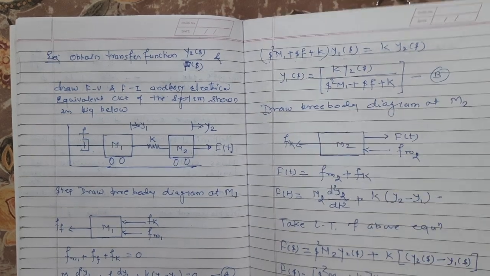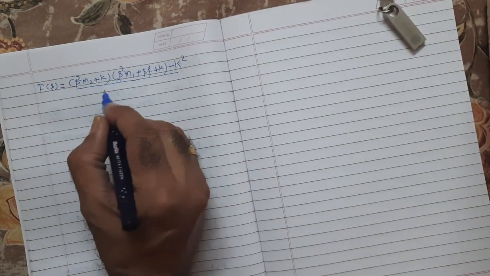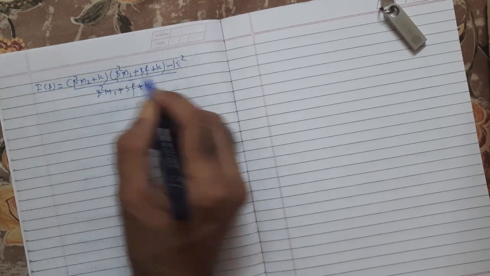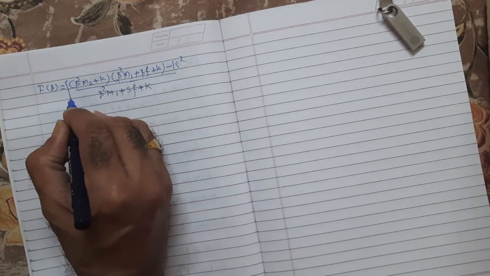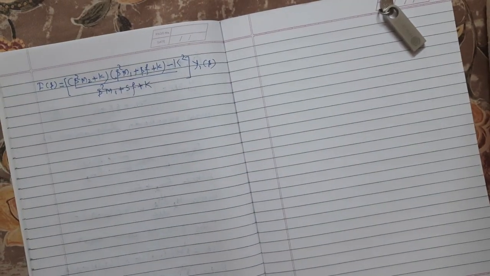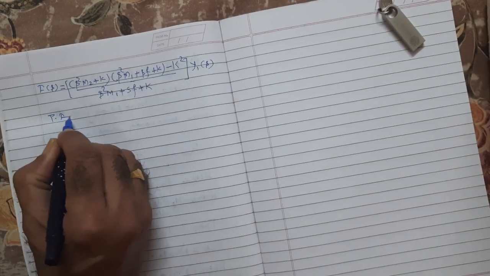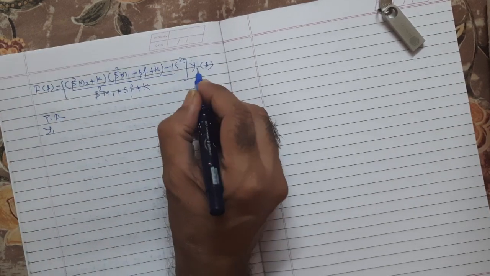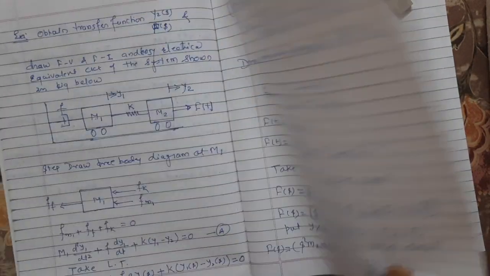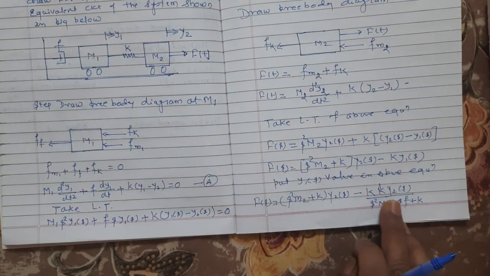That is s square into m1 plus s into f plus k. So we will write down s square into m1 plus s into f plus k, and this whole is multiplied by y2 of s. Sorry, this is y2.